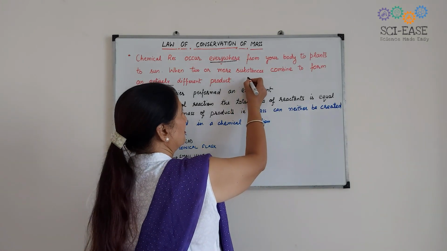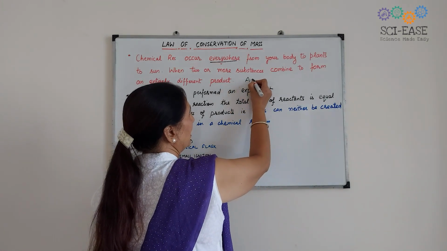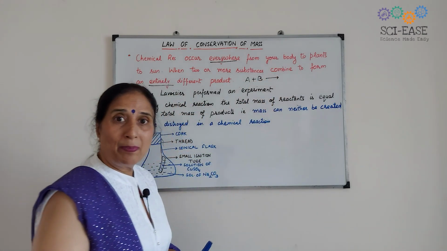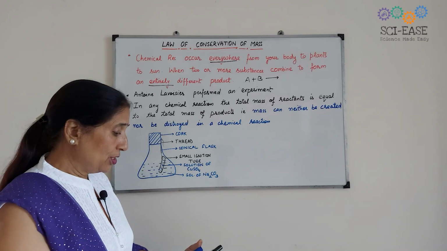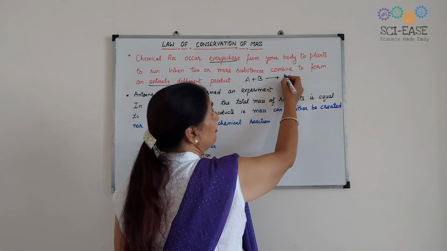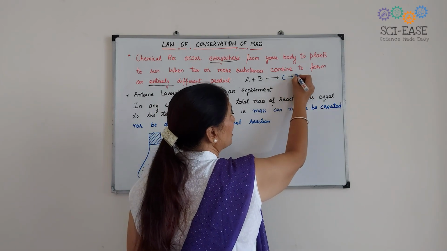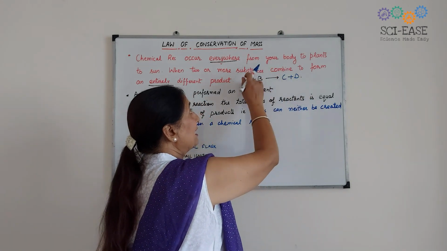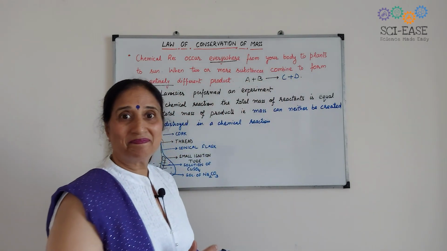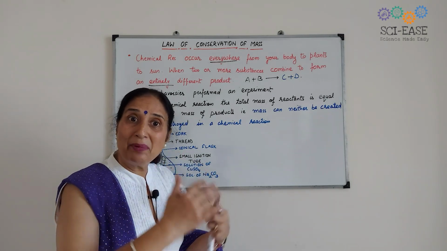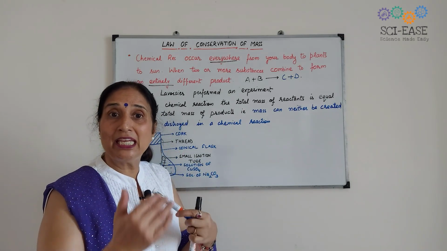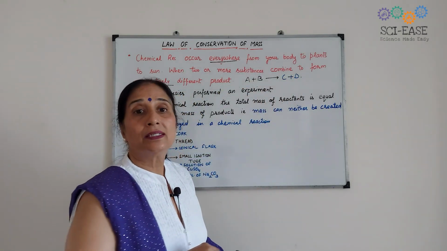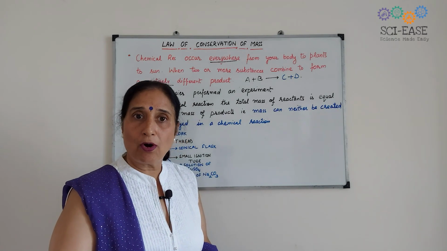I will take up this general equation, A plus B. I have taken A plus B, and the products which are formed are C plus D. Means C plus D are entirely different from A plus B. This means some chemical reaction between A and B has taken place, and as a result of it, C plus D is formed.